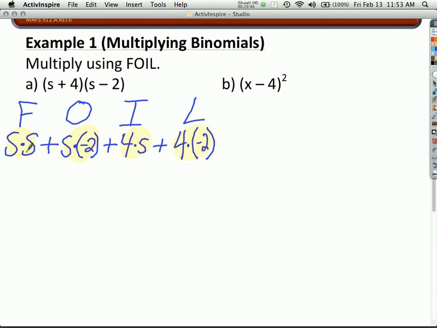Natalie? S squared. Plus, what's S times negative 2, Ethan? Negative 2S. What about 4 times S, Isabella? 4S. And what about, I don't need anybody for that. Negative 8.